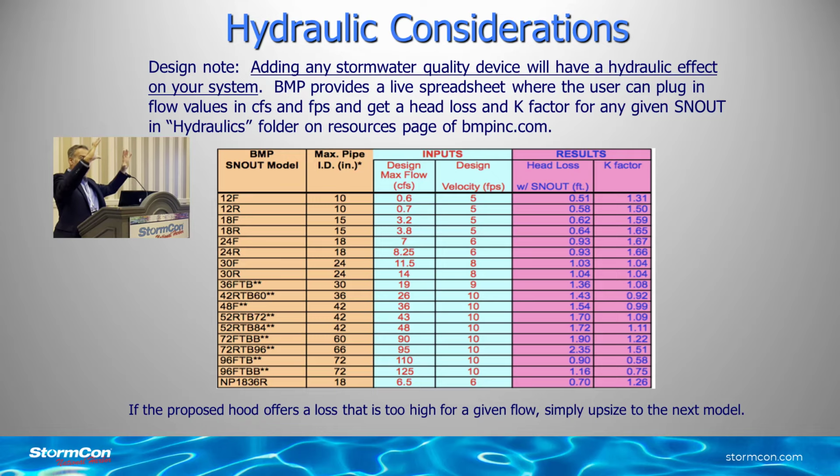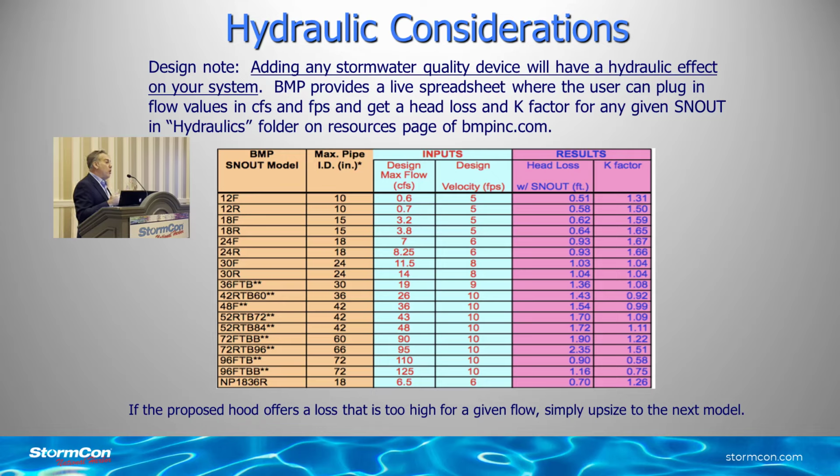So now we're putting some sort of device in front of that outlet pipe, and it will have an impact on the hydraulics. Good thing is we have a model where we can input the design max flow and the design velocity. The velocity is in feet per second, and the design flow is in units of cubic feet per second. And we can get a head loss and a K factor for any pipe and snout structure combination.